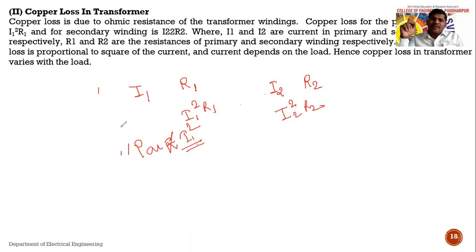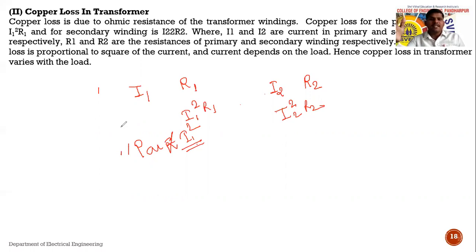The value of this current depends upon the load. When the load increases, the current taken from the transformer increases, and again the copper loss increases. If the current increases, copper loss increases; if the current decreases, copper loss decreases.